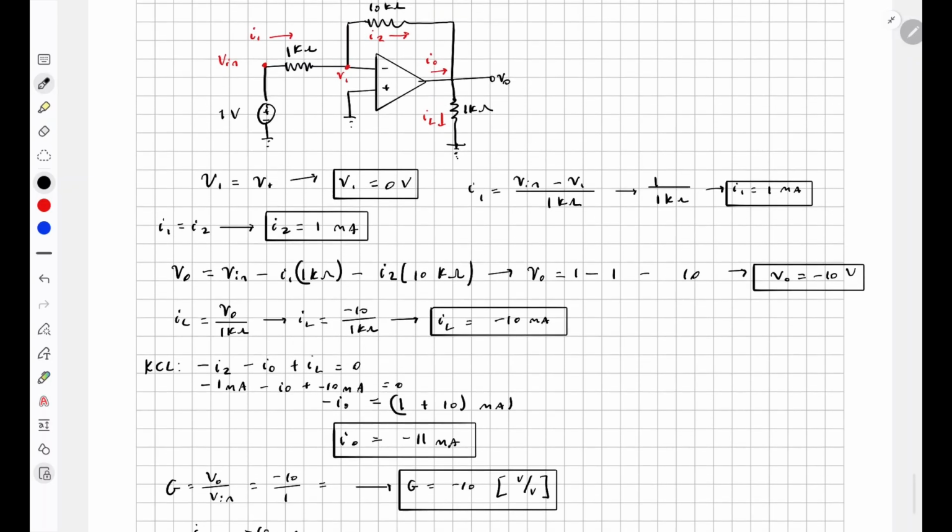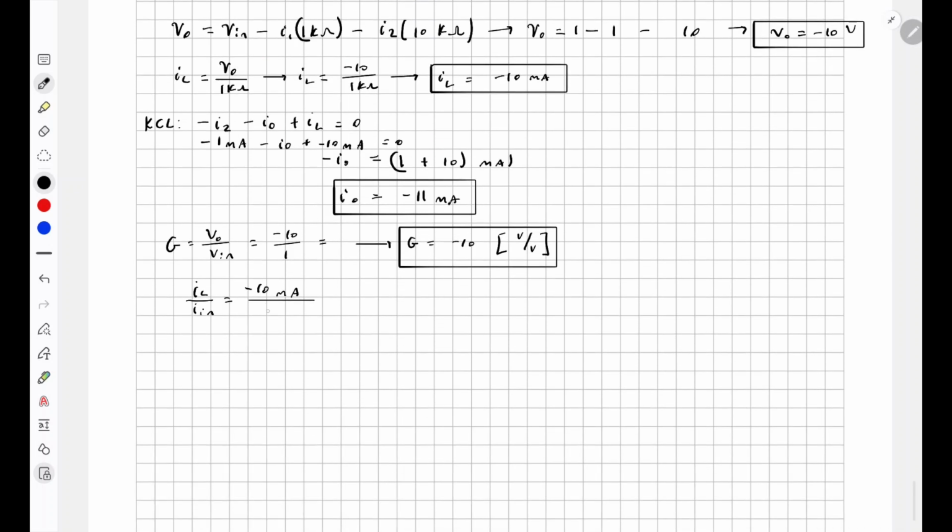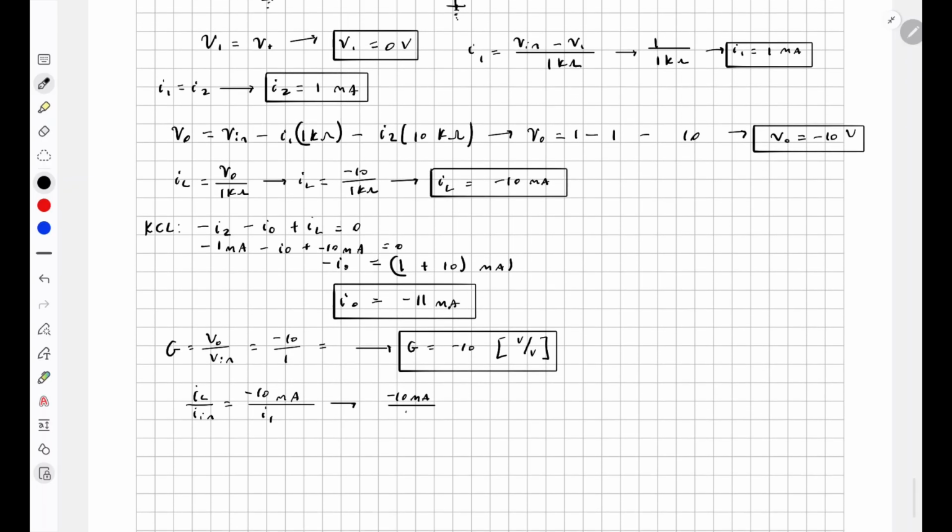For I in, as you can see here, I in is the same as I1. So instead of writing I in, we just write I1. So it's negative 10 milliamps divided by I1. I1 we found was 1 milliamp, so the current gain, IL divided by I in, is equal to negative 10. Units are amps per amp.